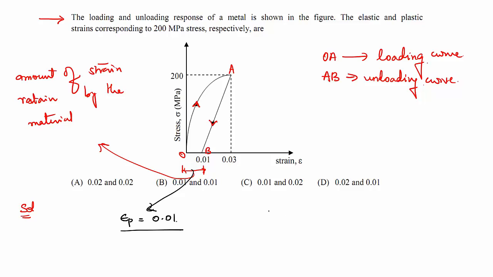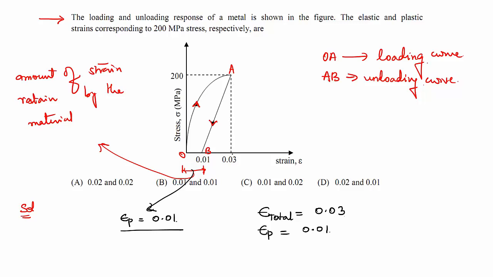So here the total strain, epsilon total, is equal to 0.03, and epsilon P is equal to 0.01, right?